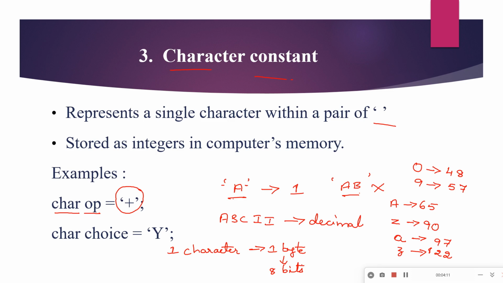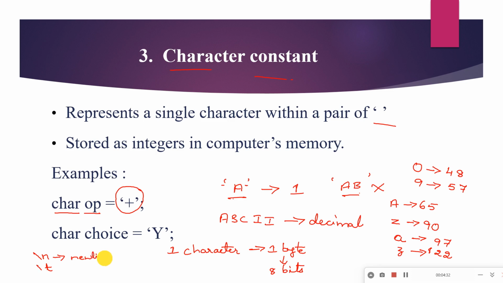And also, there are the backslash characters, right? For example, slash n, we call escape sequence characters. So escape sequence characters are nothing but those which begin with a backslash, like slash n or slash t. Slash n is for a next line or new line.